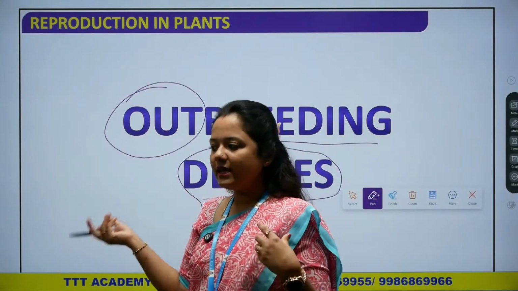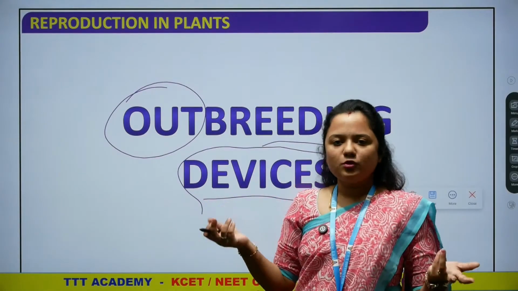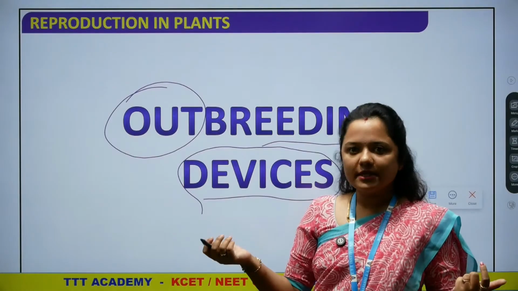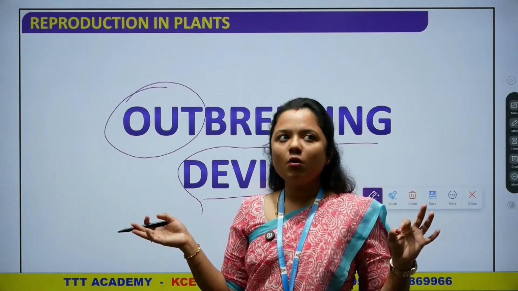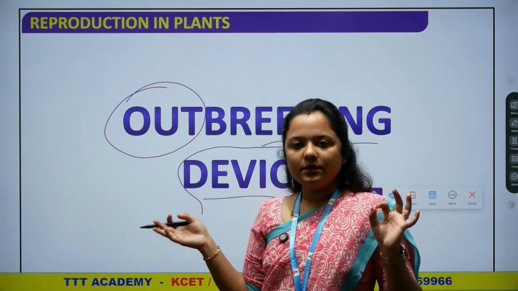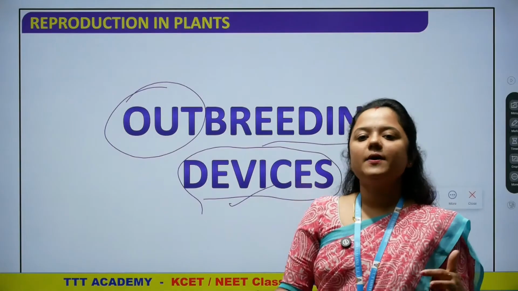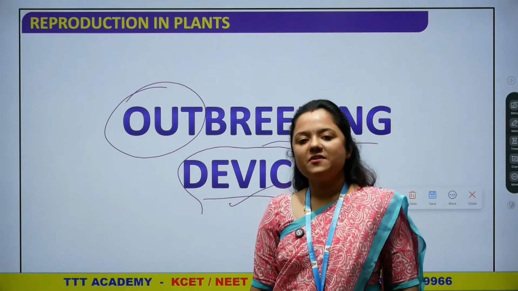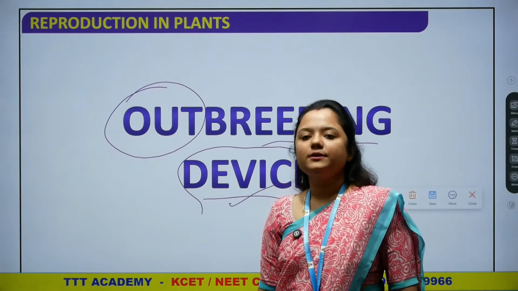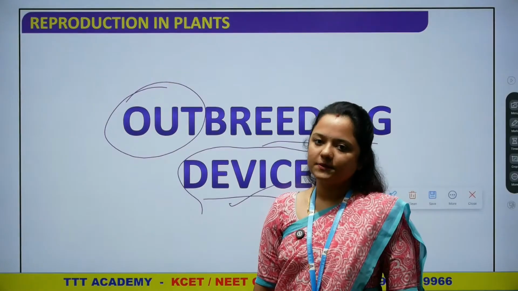As we can use all the electronic devices like PCs, laptops or other electronic gadgets, correct? But plants have no particular devices. We call these devices the kind of adaptations which plants have taken in order to overcome self-fertilization.